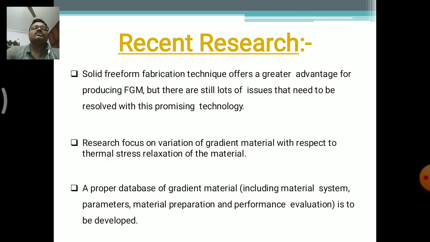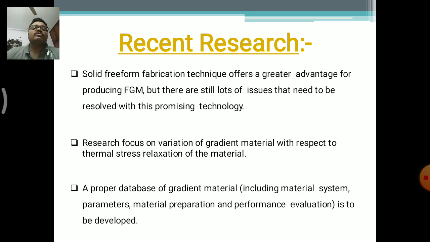But solid freeform fabrication techniques are highly used in recent FGMs to give good advantage and good efficiency. But there are still a lot of issues that need to be resolved with this promising technology. Recently we are developing these properties and techniques, so we have to take some time to implement it in a higher manner.